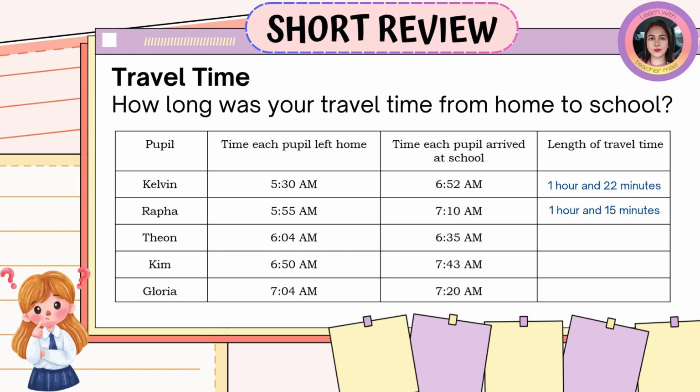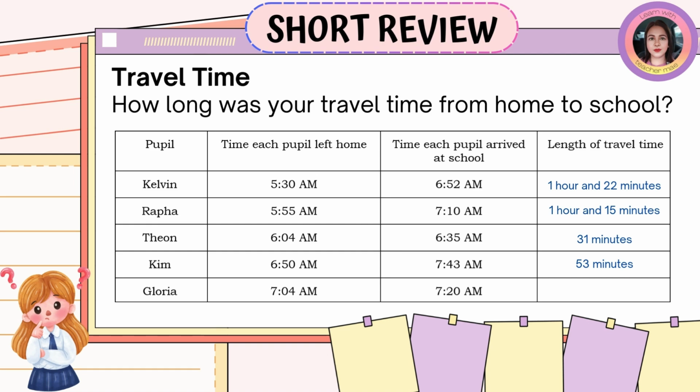Time left home is 6:04 a.m. Time arrived at school is 6:35 a.m. Length of travel time is 31 minutes. Next is Kim. Time left home is 6:50 a.m. Time arrived at school is 7:43 a.m. Length of travel time is 53 minutes.